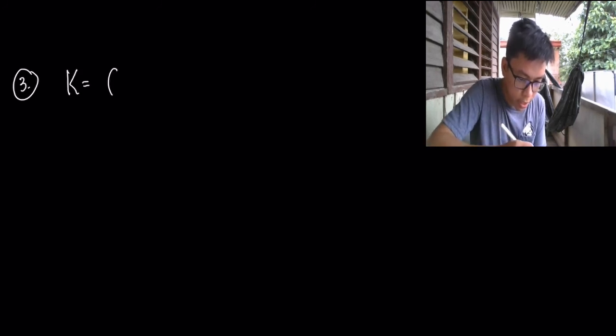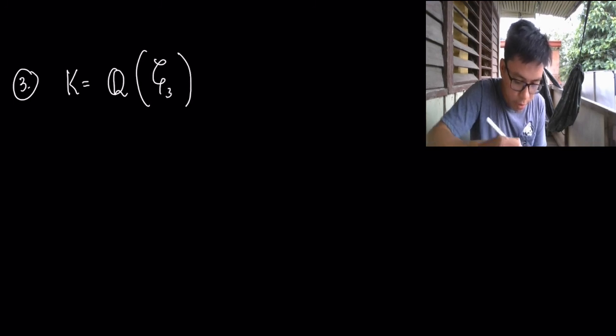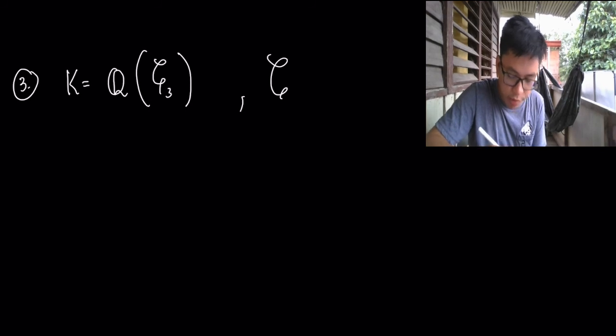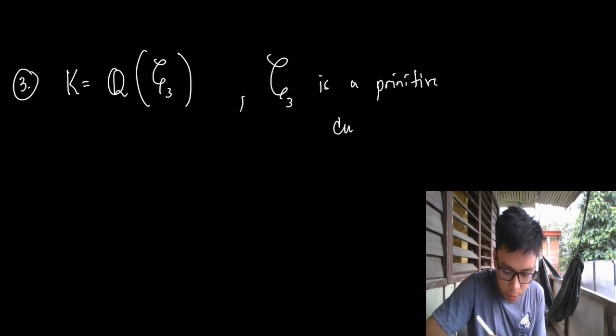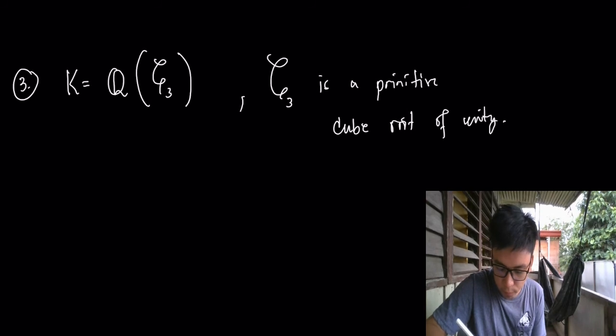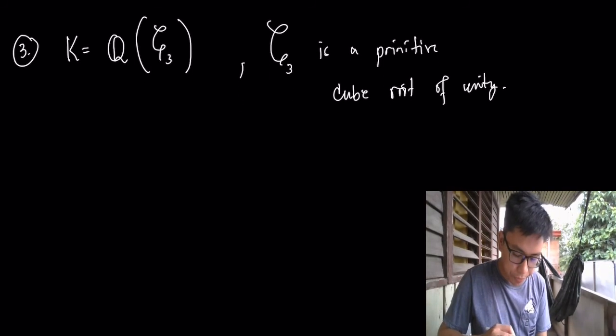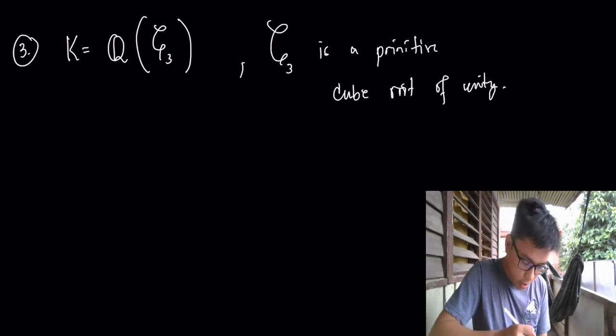Okay, so last example is, how about this? Suppose our K here is Q of this one, where I don't know if this is psi or whatever. So psi sub 3 is a primitive cube root of unity. Okay, so when this is a primitive cube root of unity, which means to say that psi sub 3 cubed is actually 1.